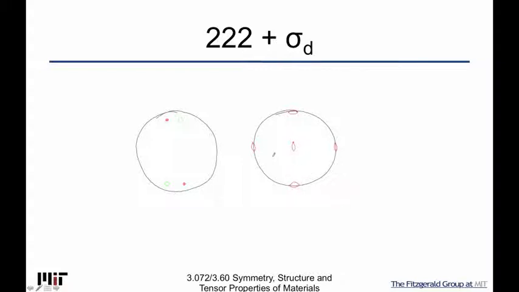Now, we've added mirror planes across and up and down, and it gave us the same answer. But now we have the opportunity to add a mirror plane through here. This is a good example of a diagonal mirror plane. Or on this sphere, in other words, there's a great circle cutting through over here. Okay?